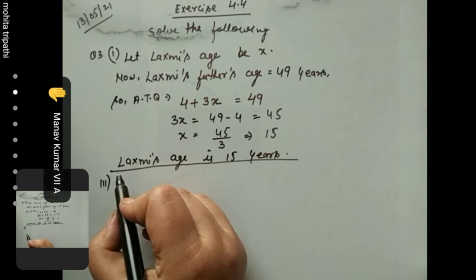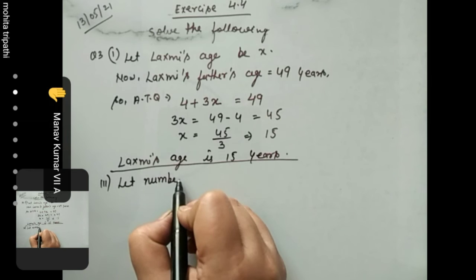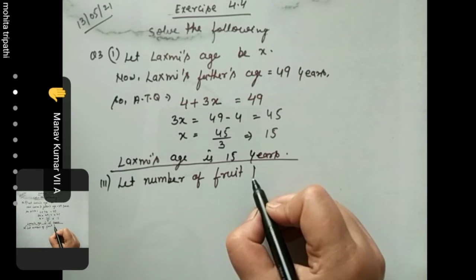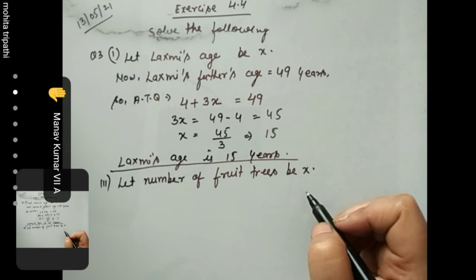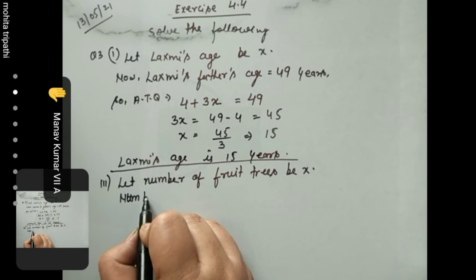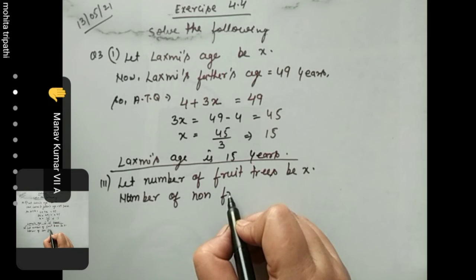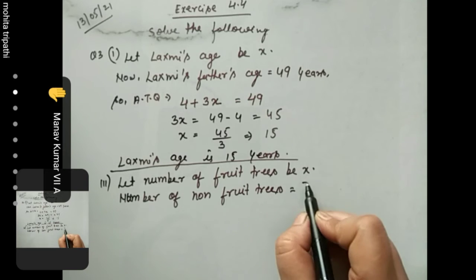Okay, so let the number of fruit trees be x. Okay, and the number of non-fruit trees is given to you, 77.